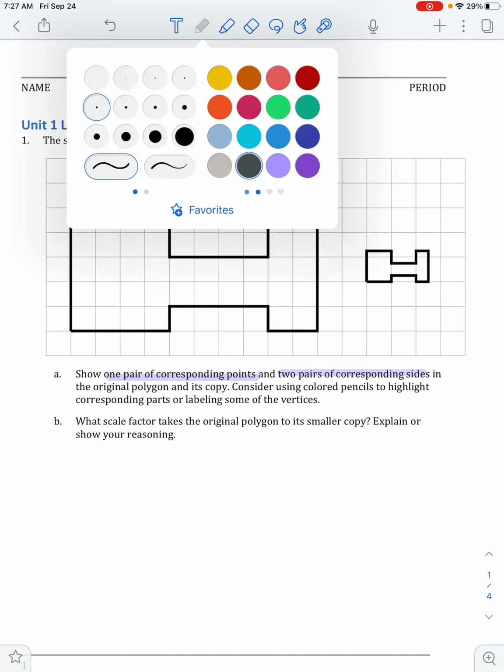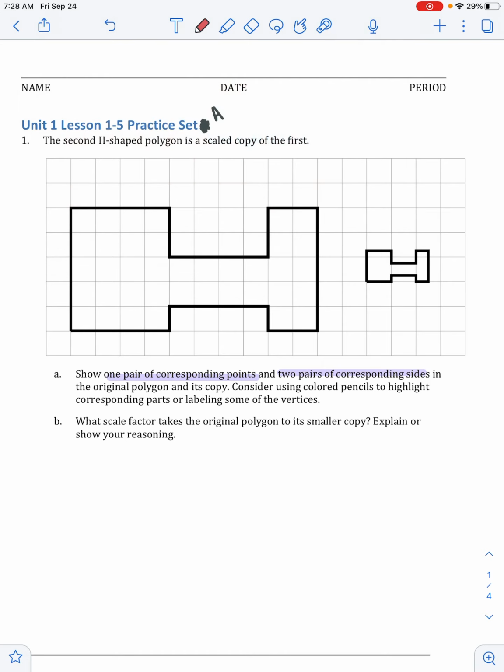I just want to remind you what that word corresponding means. Let's say I labeled this point A, and I labeled this point X. Points A and X are corresponding because they're in the exact same place on the scaled copies.